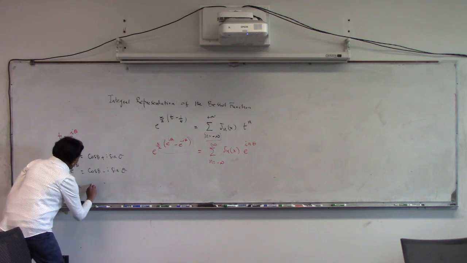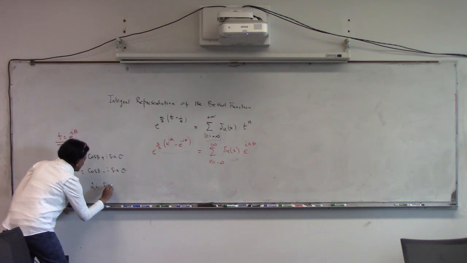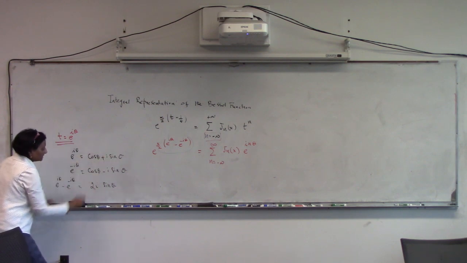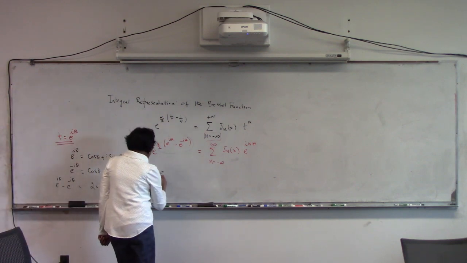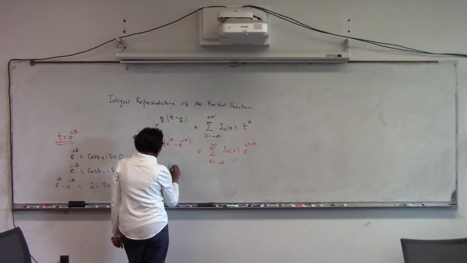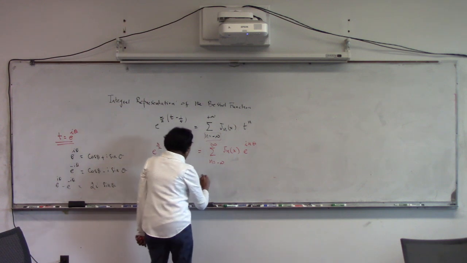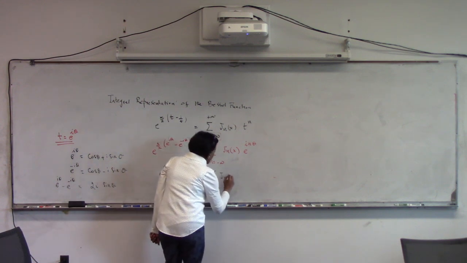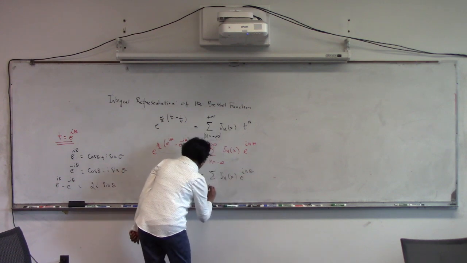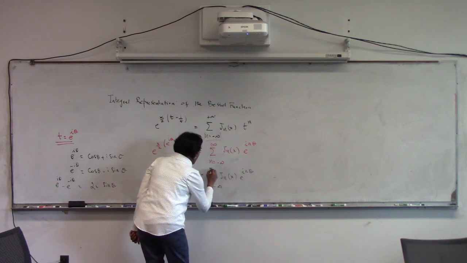That divided by 2 is nothing but i sin theta. So this is exponential of i x sin theta, equal to the sum of j sub n x, exponential i n theta, going from negative infinity to plus infinity.